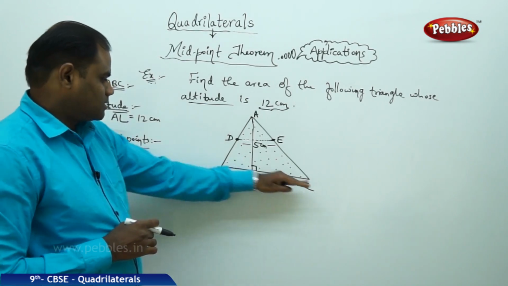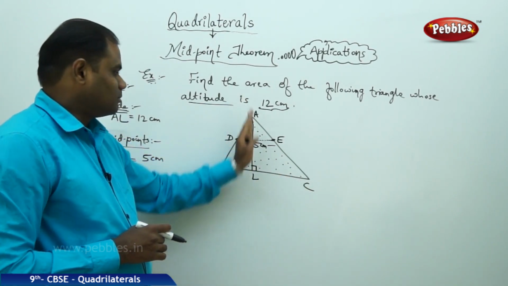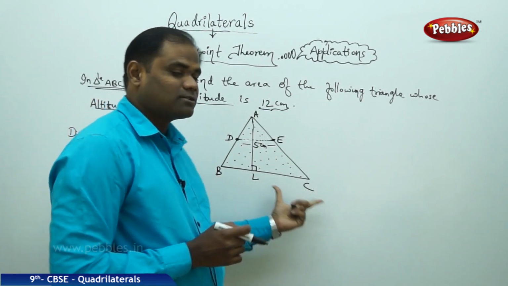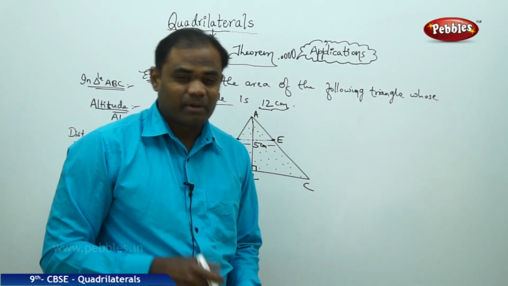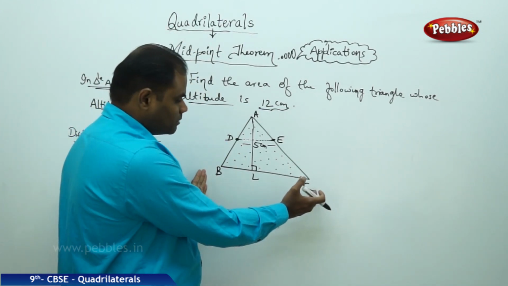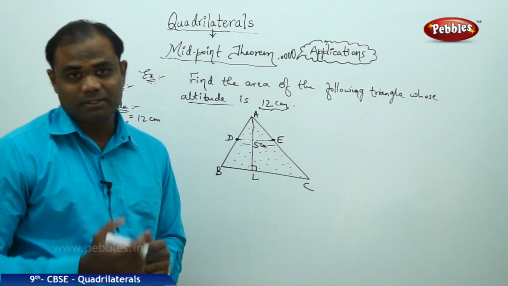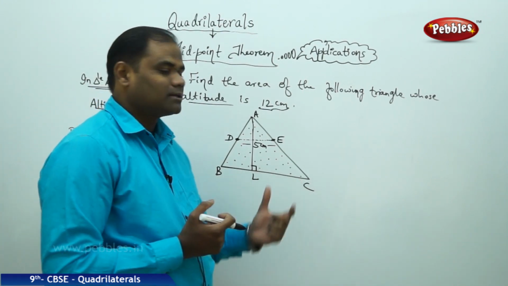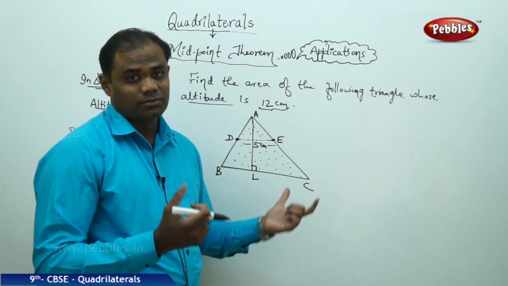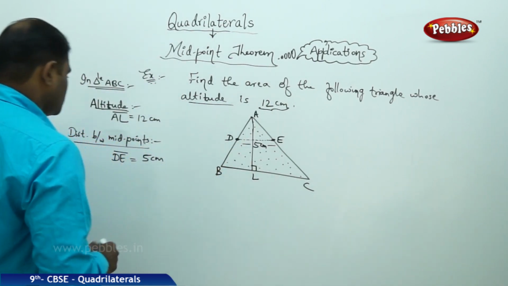So I have my height, but the dimensions of the base are not given. So my target here is to find the dimensions of the base, that is the length BC of the triangle ABC. How do I find it? Let's see how we can do it using midpoint theorem.